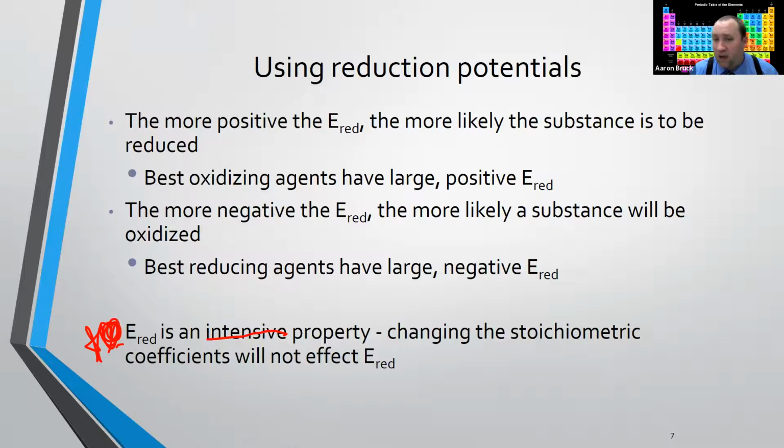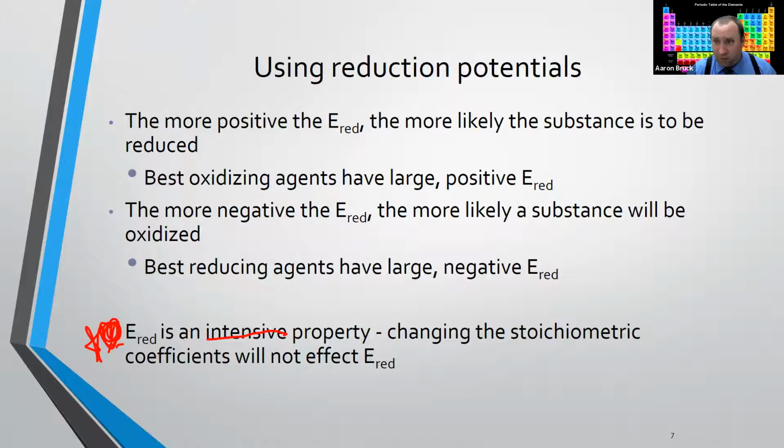So from that angle, unlike Hess's law, where we had something that was definitely extensive, if I double the amount of sodium, I'm going to double the output of the reaction, not only in terms of the amount of product, but also the amount of energy that product kicks out. This is different. This is an intensive property, so the stoichiometric coefficients are not going to affect things.